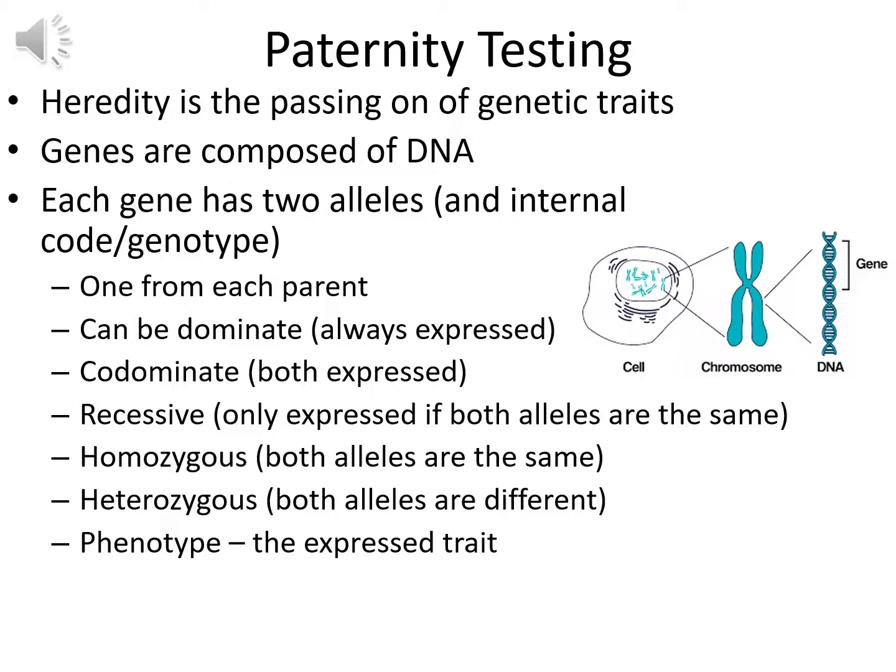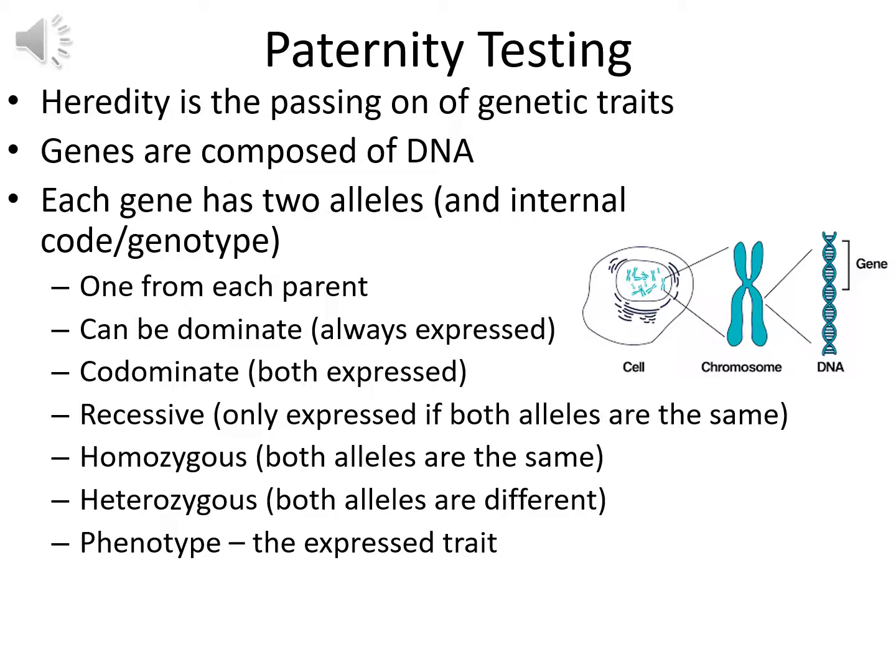So phenotype can be determined by a simple blood test, but to know the genotype, to know if the person is type B blood, for instance, because they have two B alleles or they have a B and an O allele, can only be determined by genetic testing.